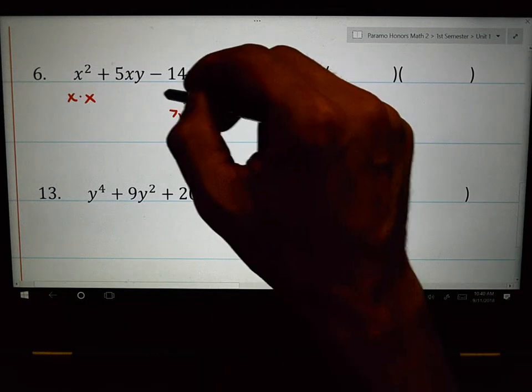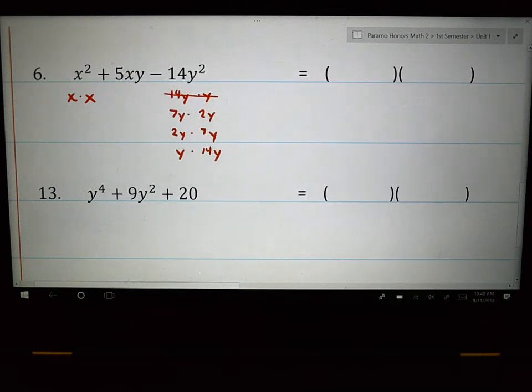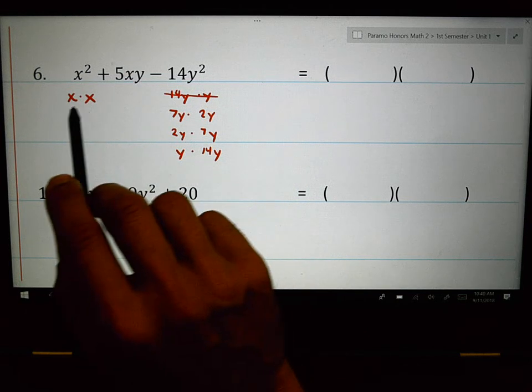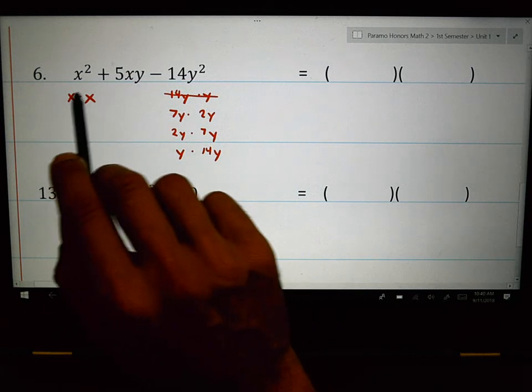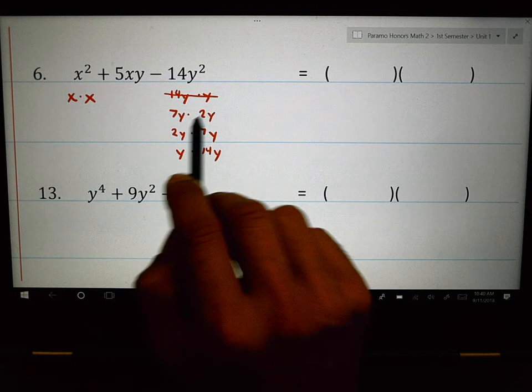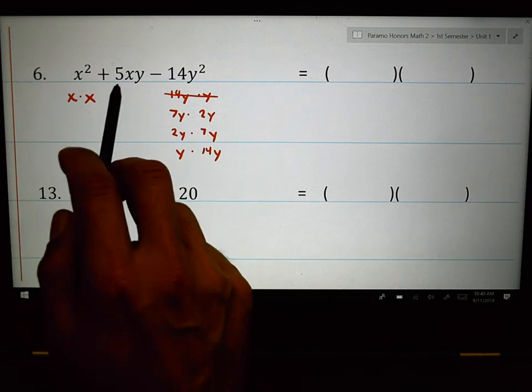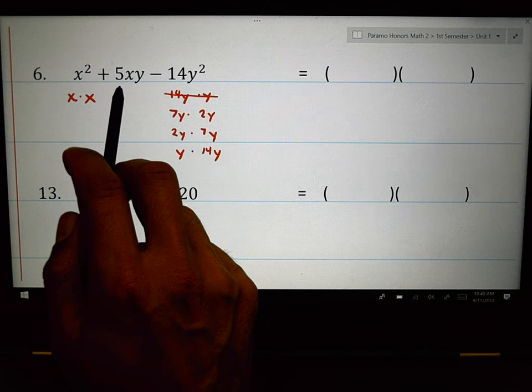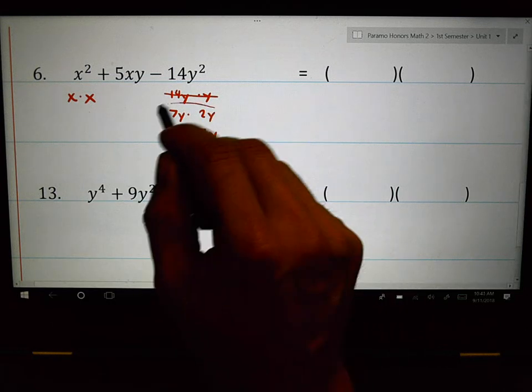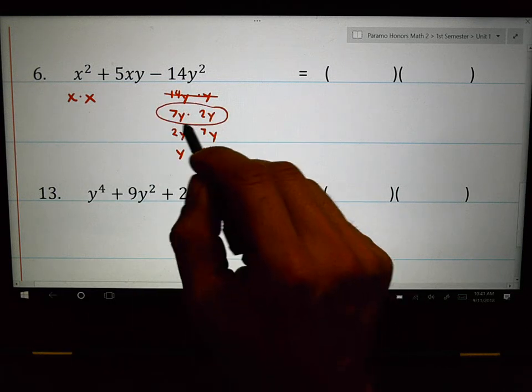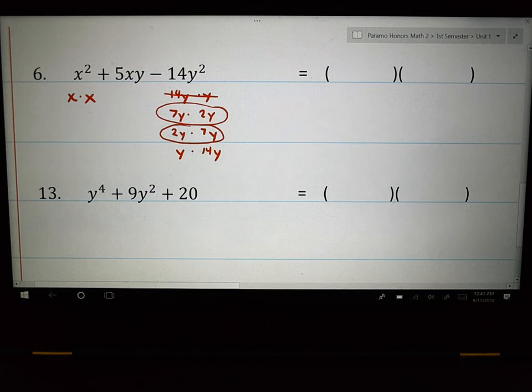I've already eliminated that by doing that in my head. I can see that this would be 7xy and a 2xy. Is there a way to get to 5xy from that? So somehow we're going to use this one or this one, believe it or not, because there's still a 2xy and a 7xy.